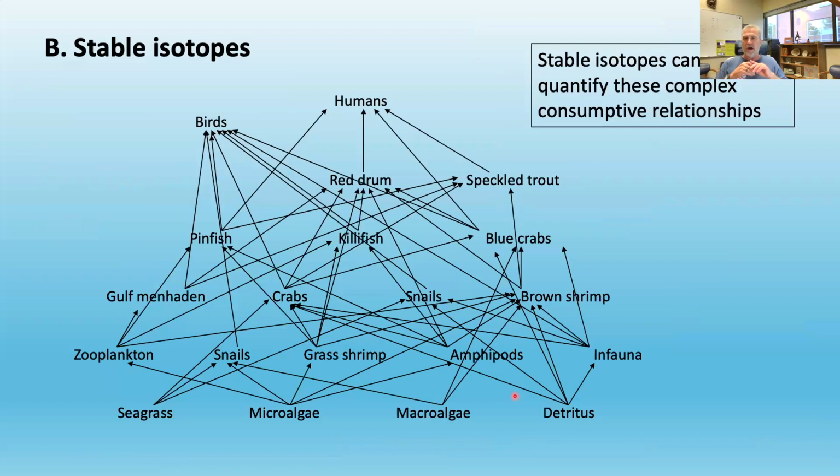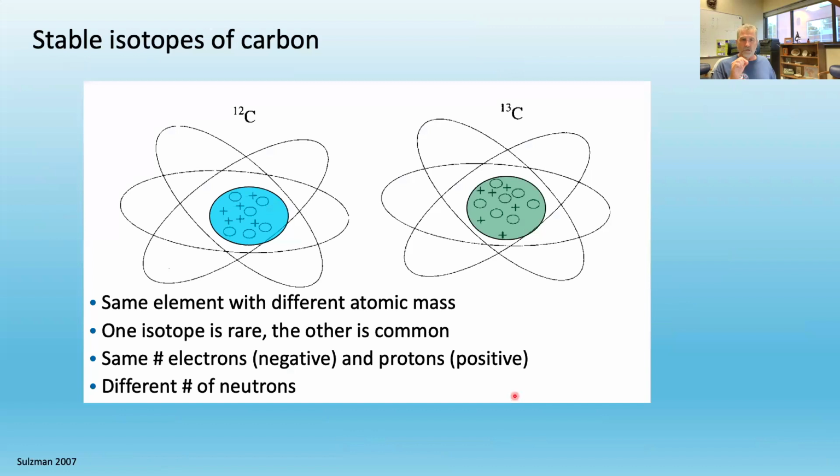Again, we're talking about complex relationships. But stable isotopes can be a really valuable tool for us as we move through here. In fact, this is often the most powerful tool when we're looking at just how complex these relationships can be, in terms of tracing the nature and magnitude of these individual relationships.